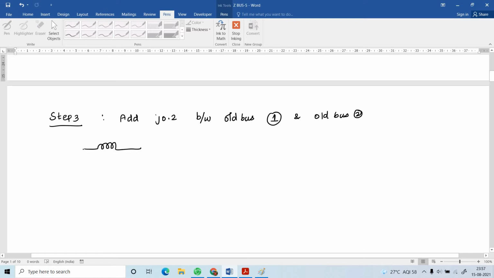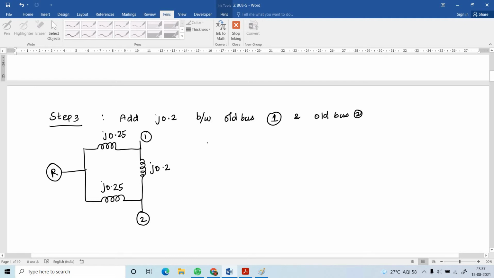Already we have used the two impedances in the previous steps. This is bus 1 and this is bus number 2 and the reference bus. Here another impedance J0.2 is connected between old bus 1 and old bus 2. See here, both the buses are old buses, but the new element J0.2 is added here.